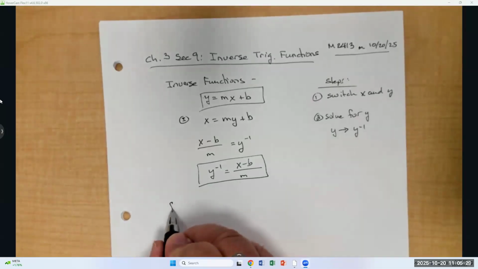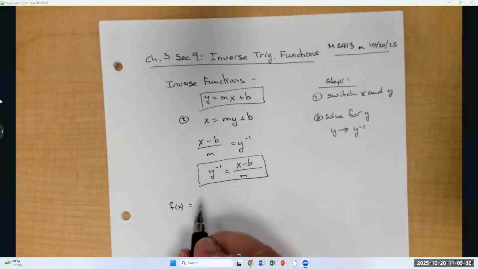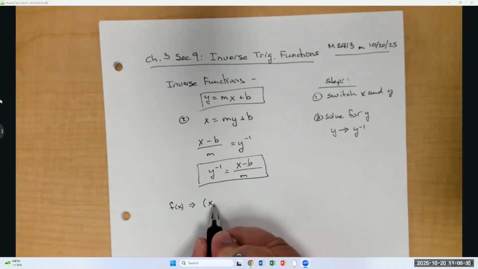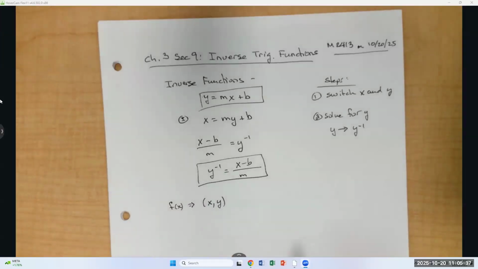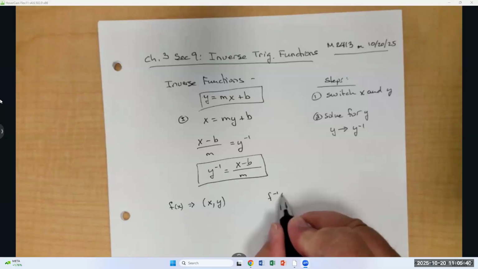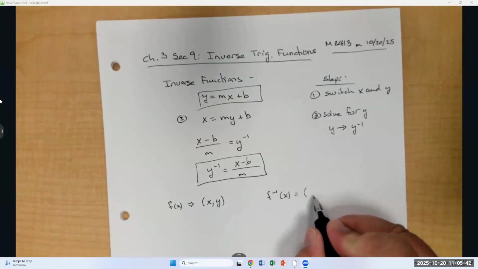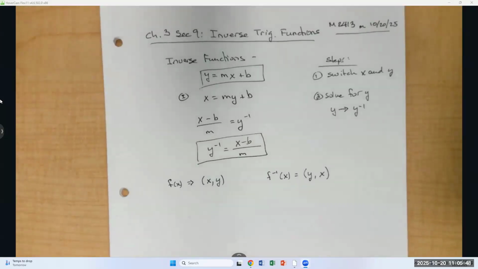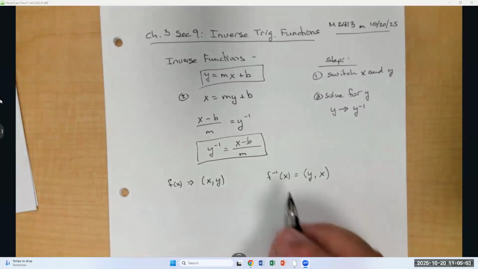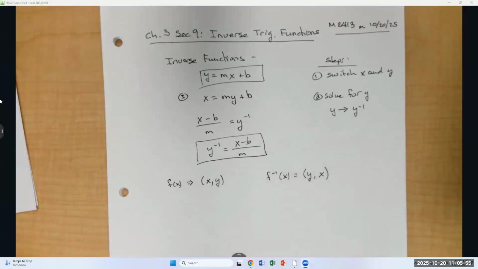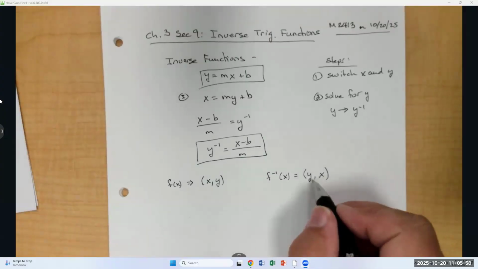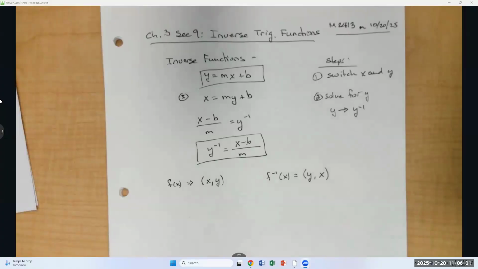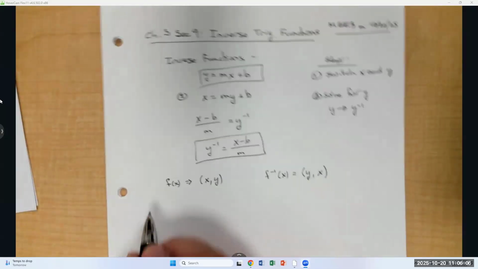In a regular function, we're given X, we solve for Y. That correlates to the inverse function of Y to X. So basically, what you're looking for is what X value will give me the solution Y. That's what we're looking at. So let's begin with the trig functions.